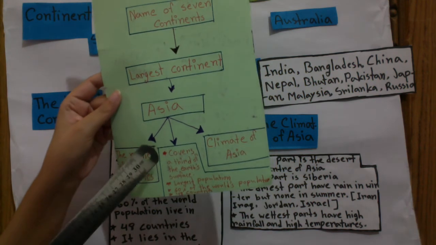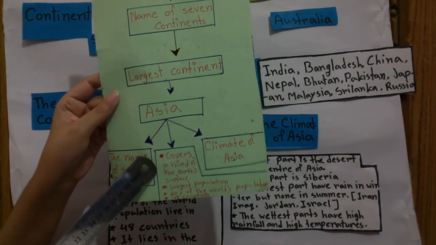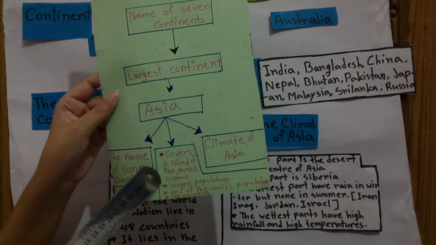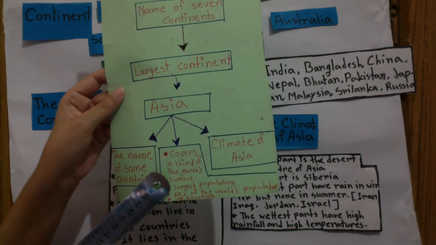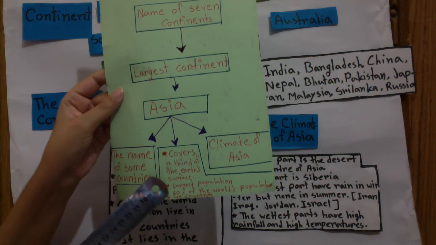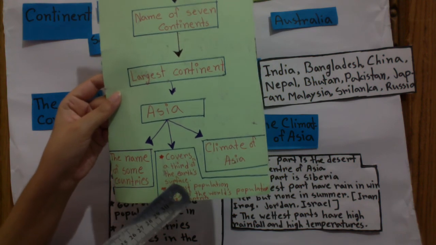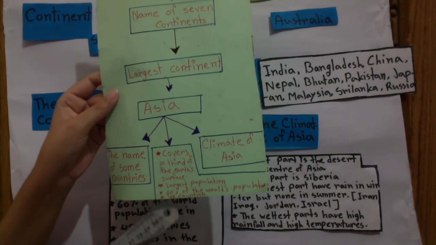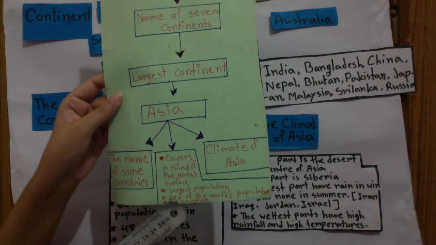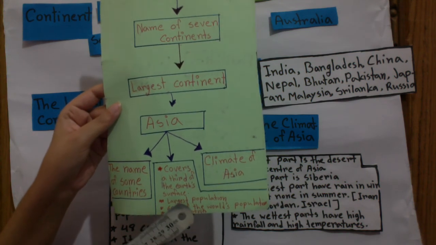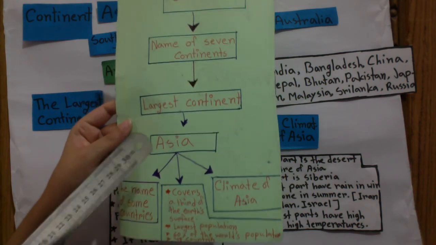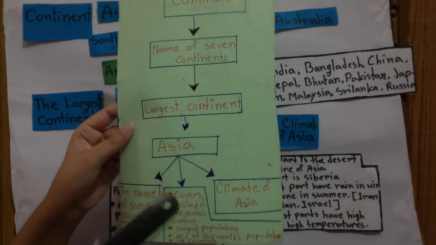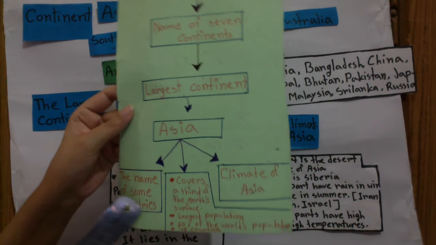Why? Because Asia covers a third of the Earth's surface. The largest population lives in Asia. 60% of the world's population live in Asia. There are 48 countries in Asia. That is why Asia is the largest continent of the world.